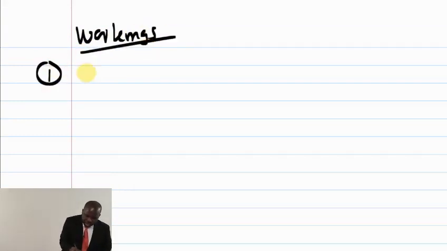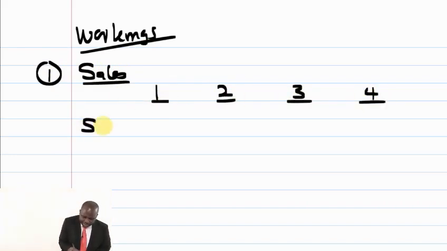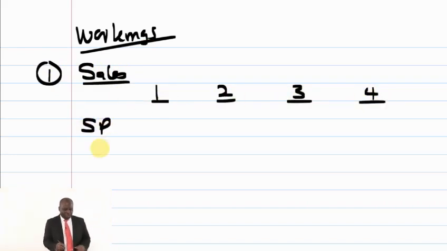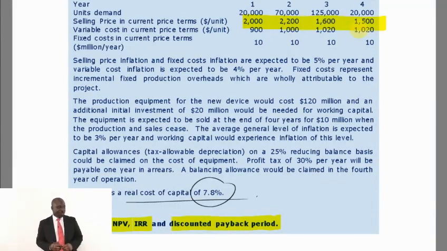My workings 1 is going to be on sales, which is year 1, year 2, year 3, year 4. What is my selling price? My selling price, according to the question, is given here. These are the selling prices, 2,000 up to the 1,500 for the 4-year period. And it's telling us that they are in current price terms, and selling price is subject to inflation of 5%.